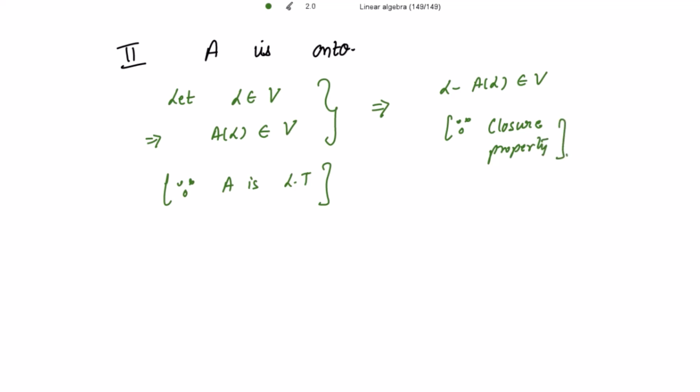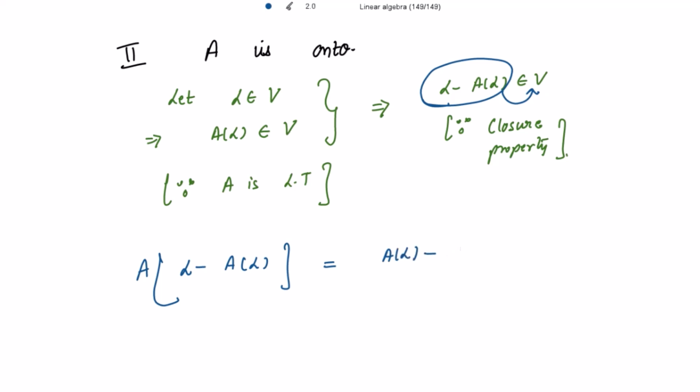Now I am going to apply the transformation on this element which belongs to V. So A of alpha minus A alpha is equal to A alpha minus A square alpha, that is A minus A square of alpha.